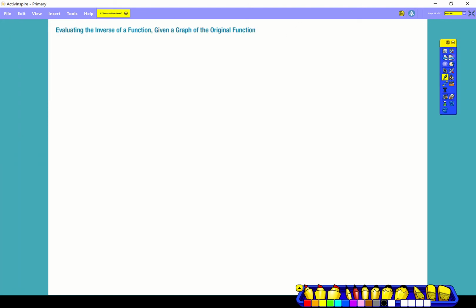Now, evaluating the inverse of a function given a graph of the original function. So you saw earlier in, I think it was unit 1 or 2, that the domain of a function can be read by observing the horizontal extent of its graph. You find the domain of the inverse by observing the vertical extent of the graph of the original function. So if this is my original function, and it's 1-to-1, so it'll have an inverse.